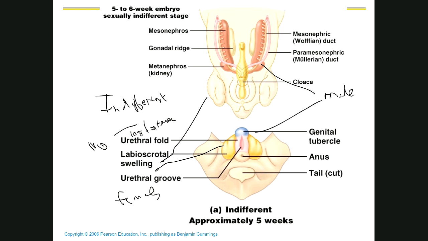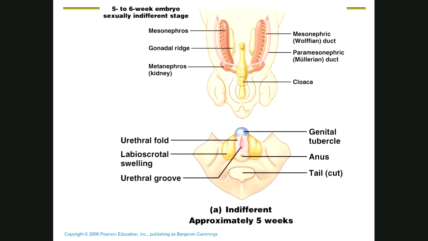So what do you think would happen if I took this embryo, even though this embryo is XX? What is XX, male or female? So genetically, this would be a female.